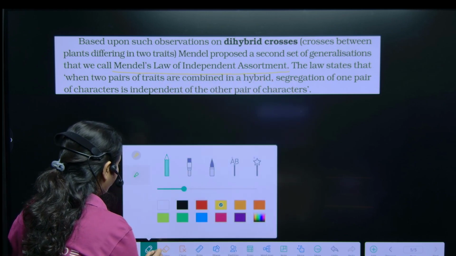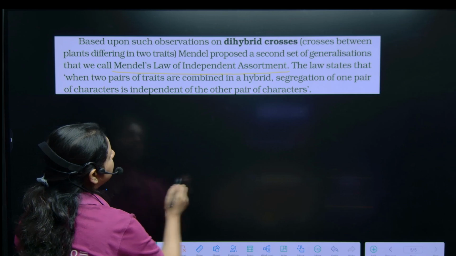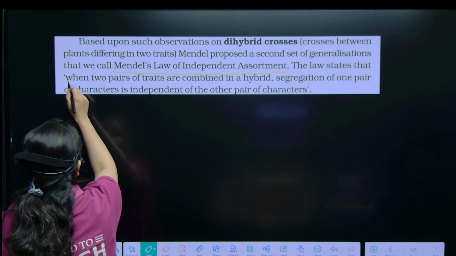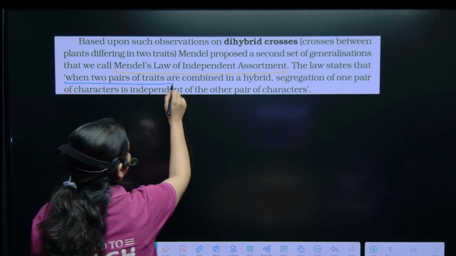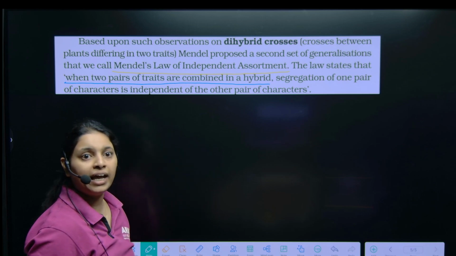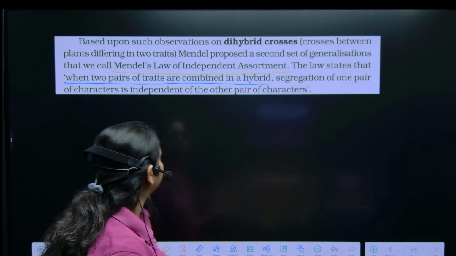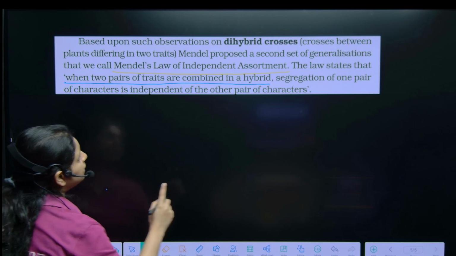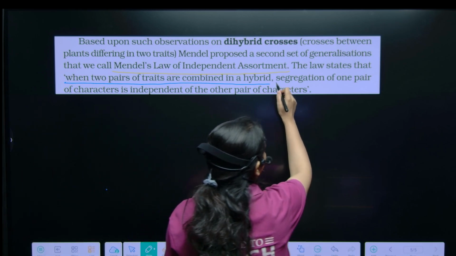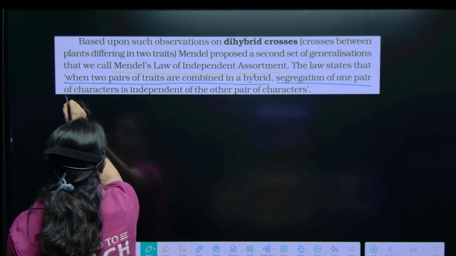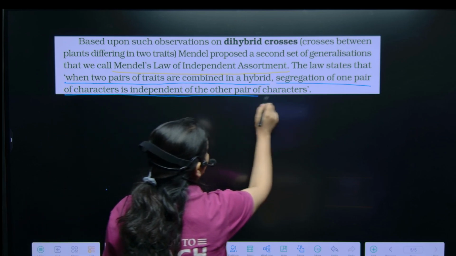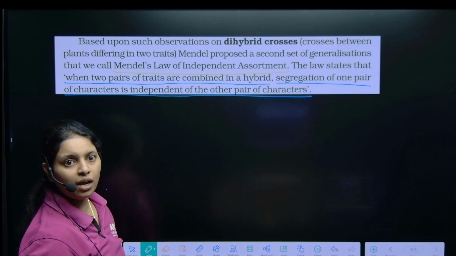Okay, and according to this law, what can we say? See, the law states that when two pairs of traits are combined in a hybrid, like we saw in capital R, capital Y, small y, right? The F1 generation plant. When two pairs of traits are combined in a hybrid, segregation of one pair of characters is independent of the other pair of characters.